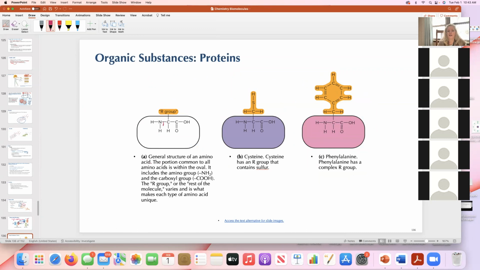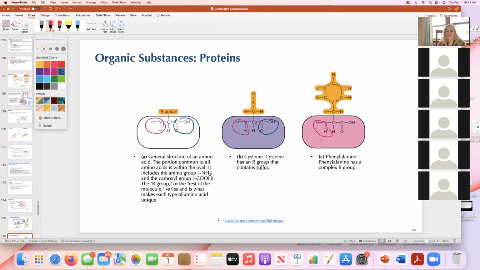Here you can identify, we have our amino group. Here we can identify your carboxyl group. This right here is your alpha carbon, and you have the R group hanging off of it. Again, your carboxyl group, your amino group. This is the alpha carbon. Amino group. Carboxyl group.